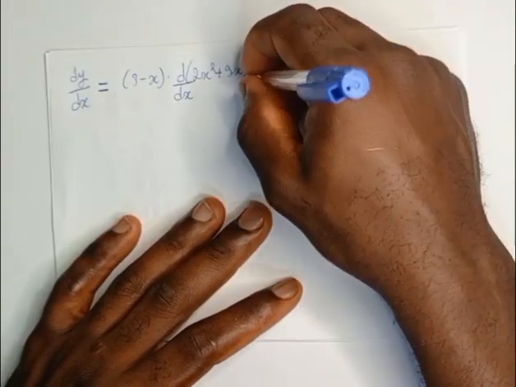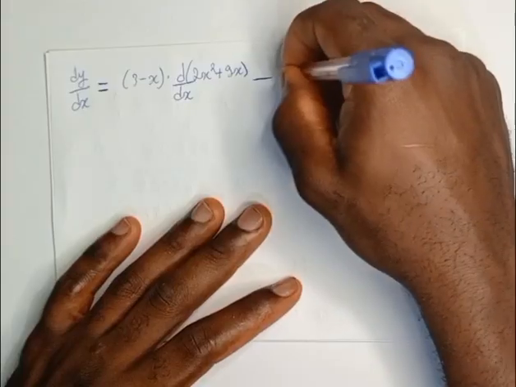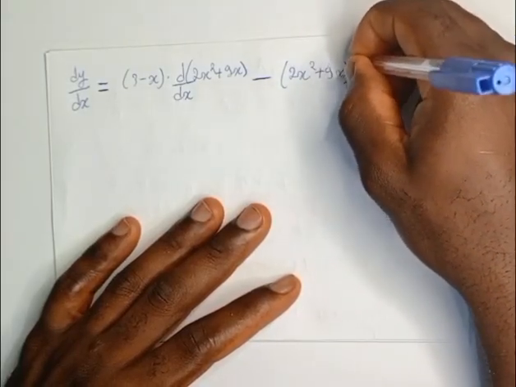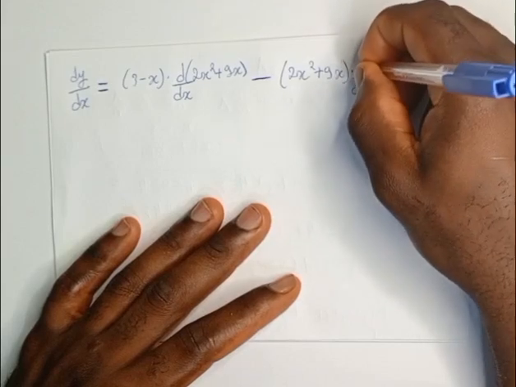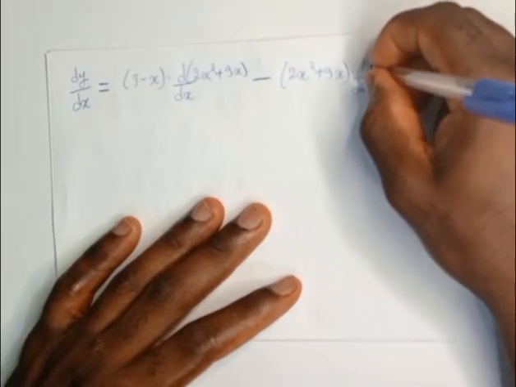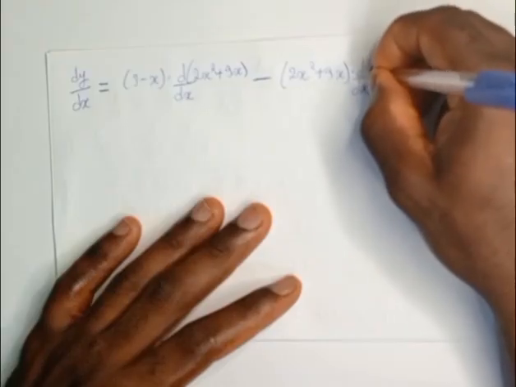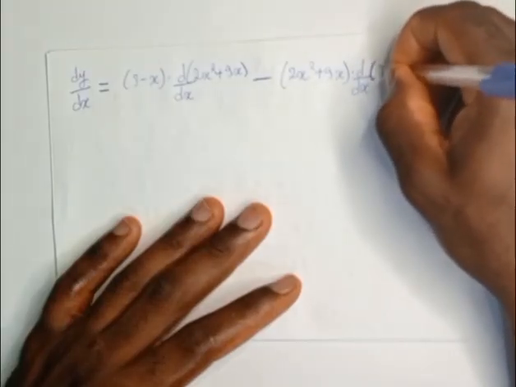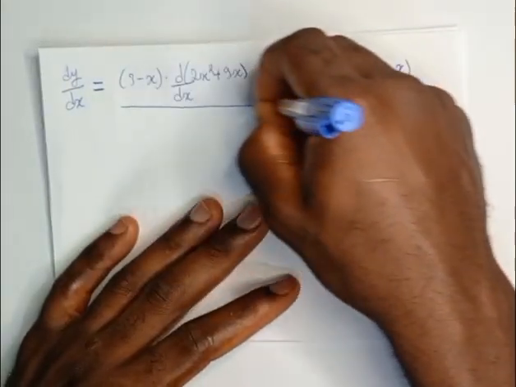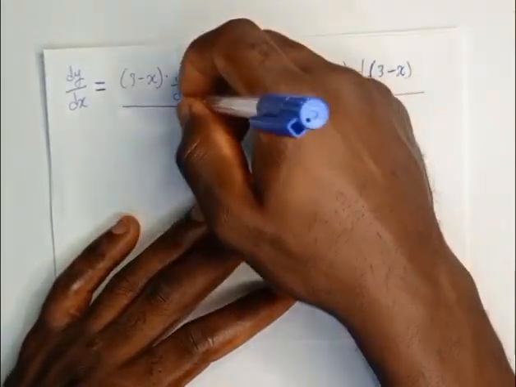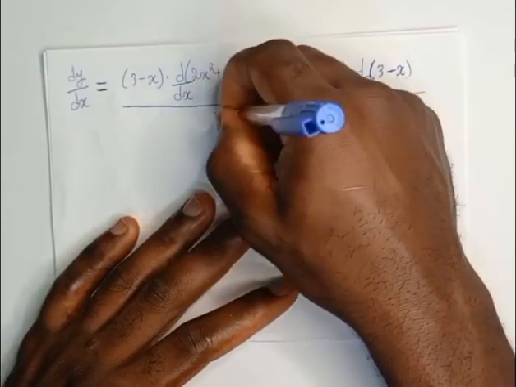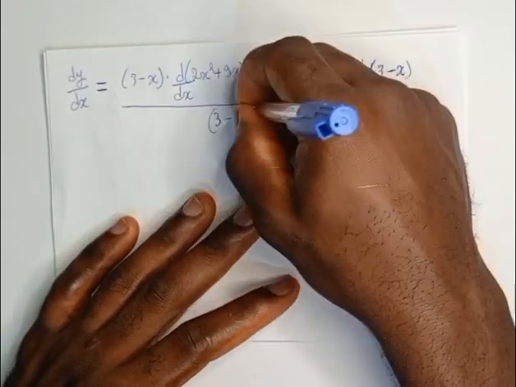We are going to keep the numerator constant, 2x squared plus 9x times the derivative of the denominator, which is 3 minus x. And we have to divide all this by the denominator squared, which is 3 minus x, all this squared.